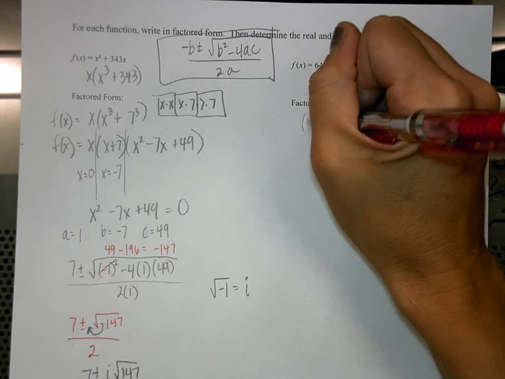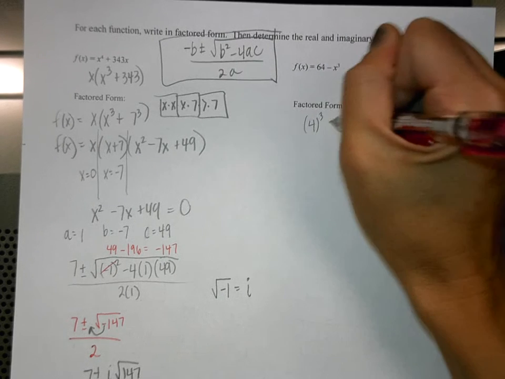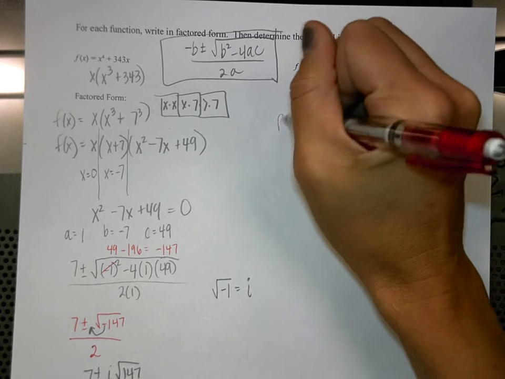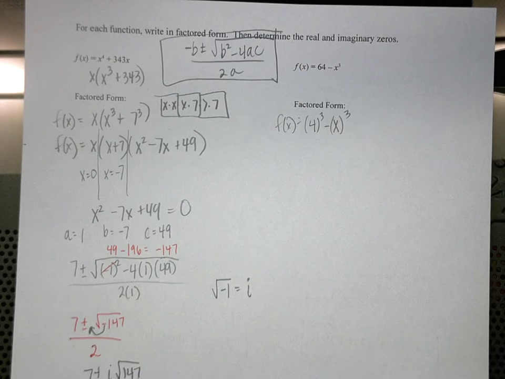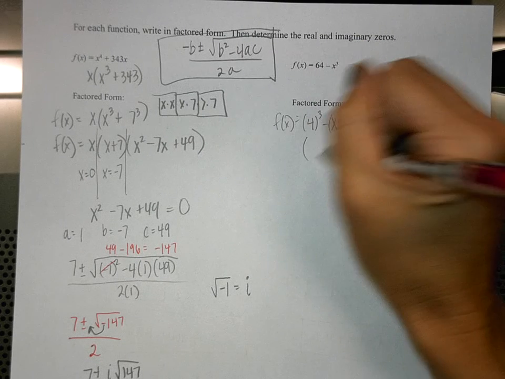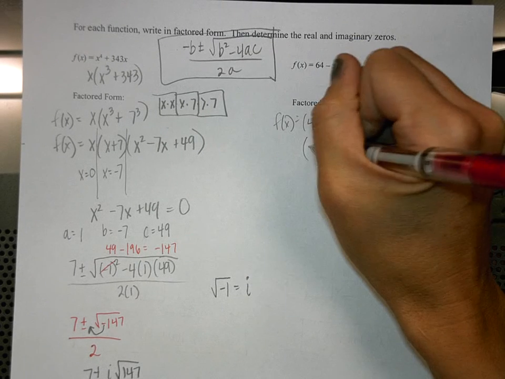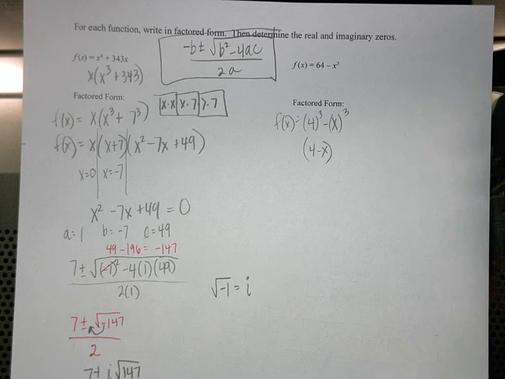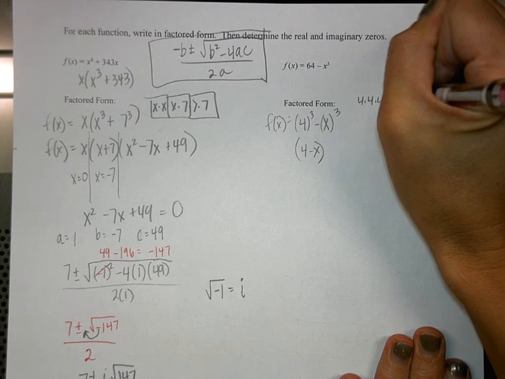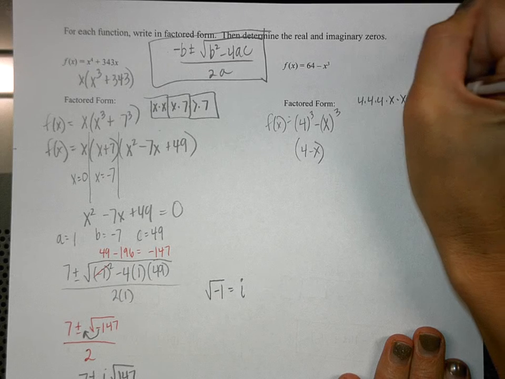Good, so we have 4 cubed minus x cubed. And on this one, there wasn't a GCF, so I didn't take anything out. What will be my first parenthesis? 4 minus x. Good. And then we're going to go ahead and write out 4 times 4 times 4 times x times x times x.